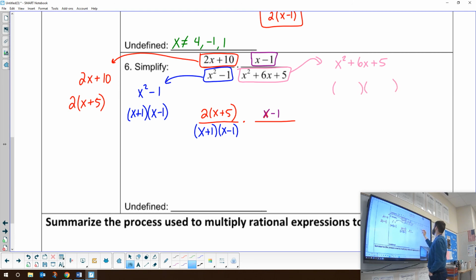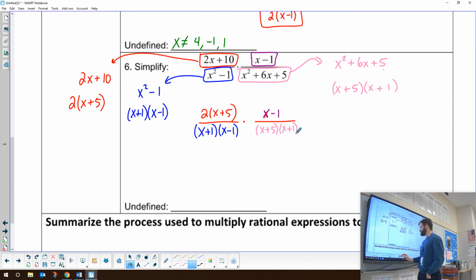We're going to be thinking of just x's here, 2 numbers that multiply to my last number and add to the middle number, and that's just going to be 5 and 1. It's going to be x plus 5 and x plus 1. Those are going to be my factors here. So let's write those out. X plus 5 times x plus 1.